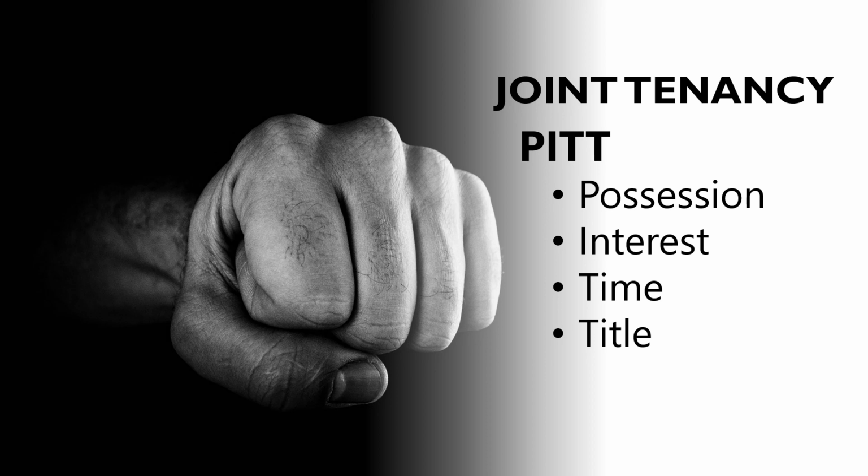So just hold up your hand and make a fist so that you remember that this has joint tenancy and it has PIT. The 4 fingers or knuckles: possession, interest, time, and title. We all own the property together. We need permission from all of us to sell the property.